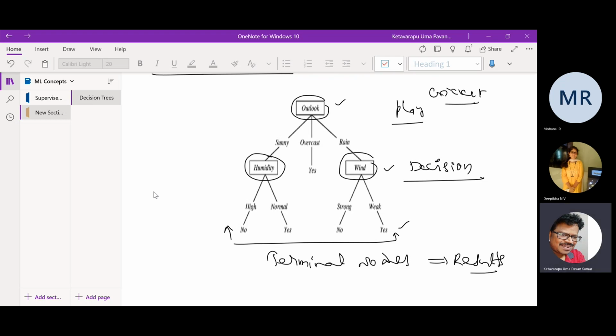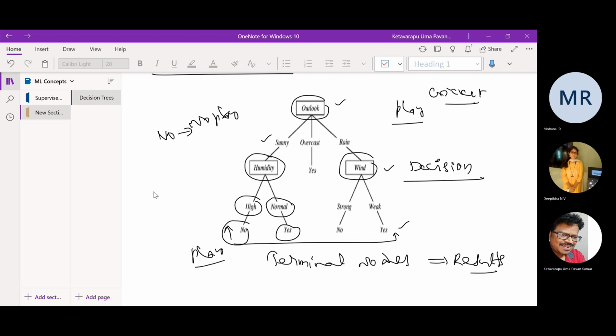Outlook: sunny, and of course humidity is high, then we are not going to play. Even if the outlook is sunny but humidity is normal, then we can play. So here No represents no play, and S represents that we are playing.